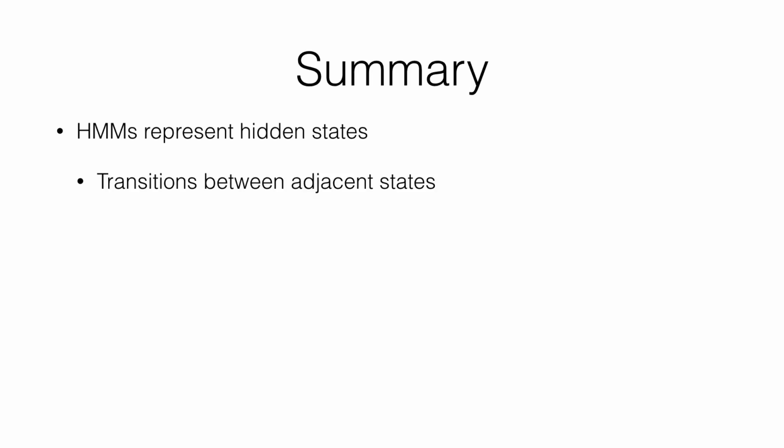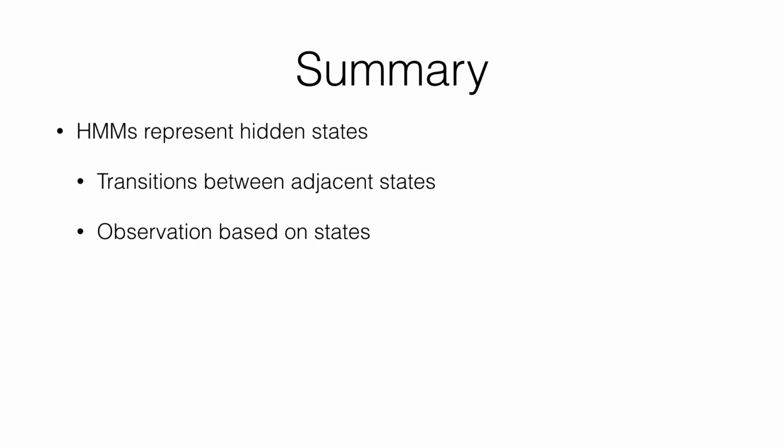Okay, so to summarize, hidden Markov models are graphical models or factorized probability distributions that specifically represent hidden states. And the pieces of the factorized probability distribution include transition probabilities between adjacent states and observations based on the states.